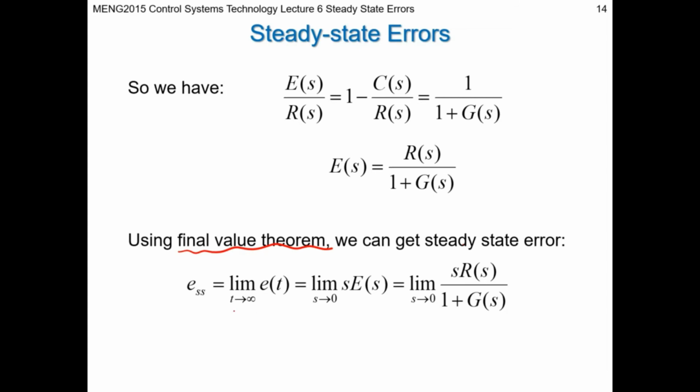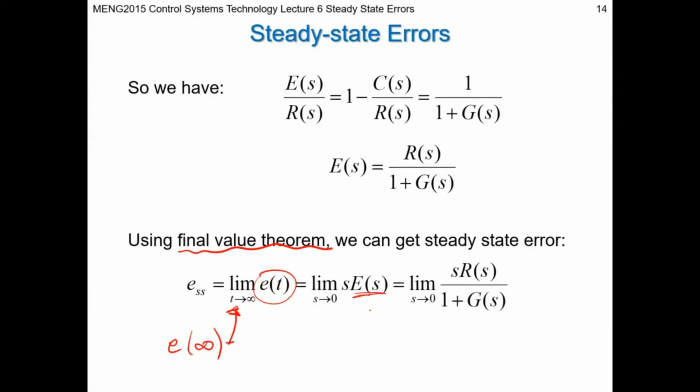So just by way of reminder, this is our final value theorem. Instead of e_ss, we could write E at infinity is the limit as time goes to infinity of e as a function of time. But when we looked at Laplace transforms, we learnt about this final value theorem, and we said that the limit as time goes to infinity of a time function is the same as the limit as s goes to 0 of s times the equivalent Laplace expression of the same term.